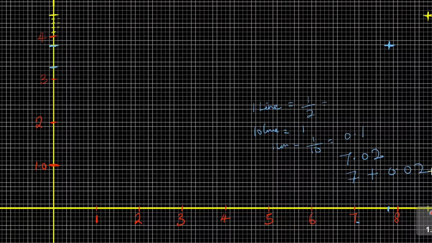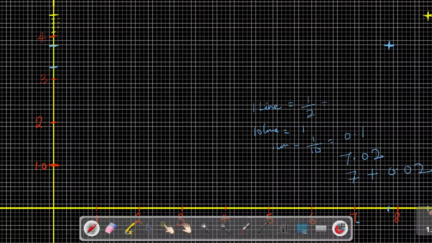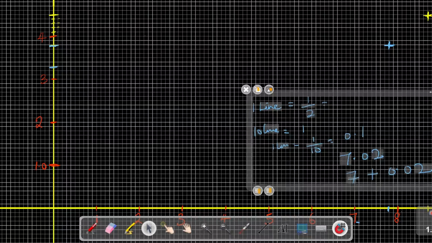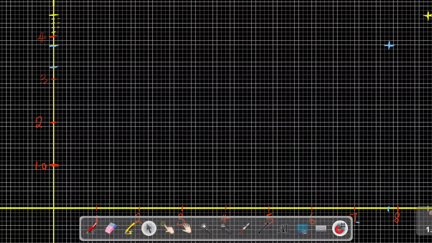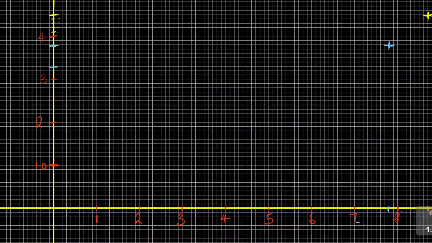So in order to be on the safe side, I assume a point called 0.02. Okay, so if this is 7, 7.1 is here. So I'm going to plot it just a little above 7. If this is 7, this is still 7, right?